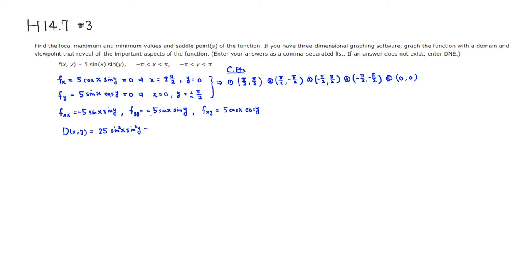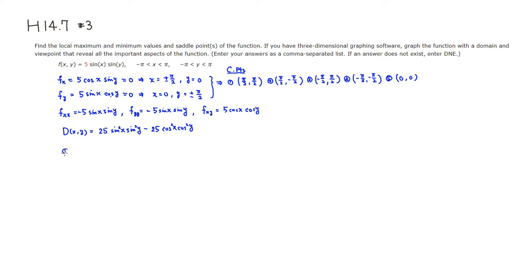So you're going to have 25 cosine squared of x and cosine squared of y. So we got that.